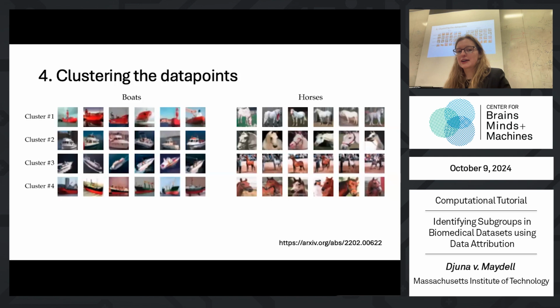Because if we can identify these subgroups in our data, which of course wouldn't be labeled, we wouldn't know that these are red boats and white horses. But if we can identify subgroups and then use the information from the data model's embeddings to guide counterfactual predictions, like if I train only on the red boats, I should perform badly on the white boats or the white horses, right? And vice versa. And so we can do these tests in our data to really try and elucidate whether the subgroups we're finding are meaningful.